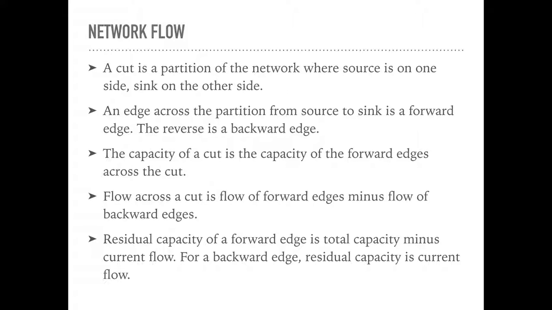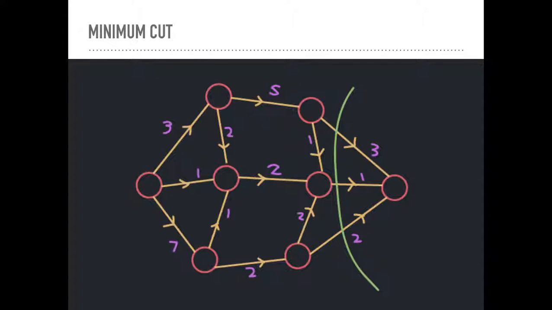So a cut is a partition of the network where the source is on one side of the partition and the sink is on the other side. If we look back at our network, this is a cut. This is one partition, this is the other partition here. On one side of the partition is the source. On the other side is the sink.